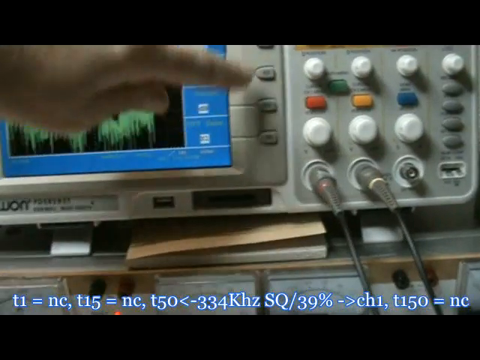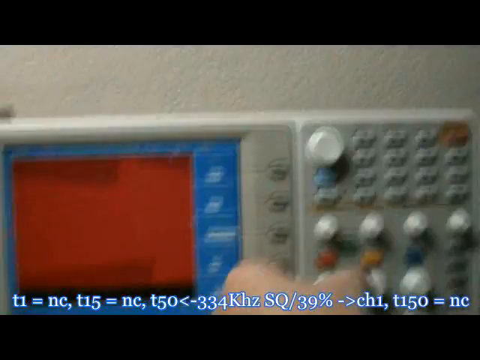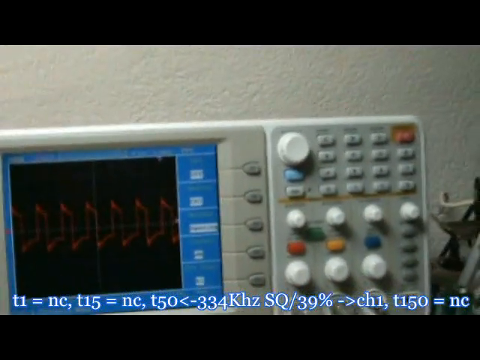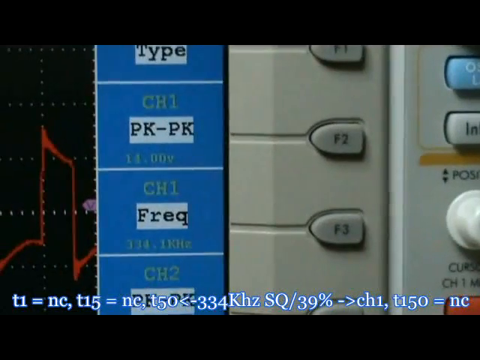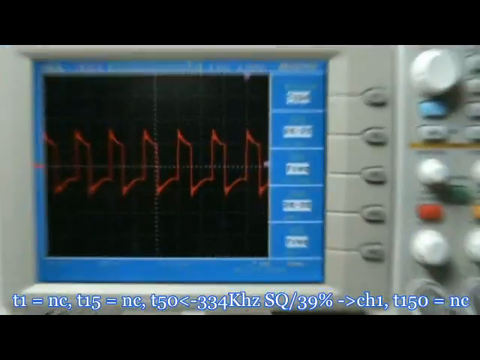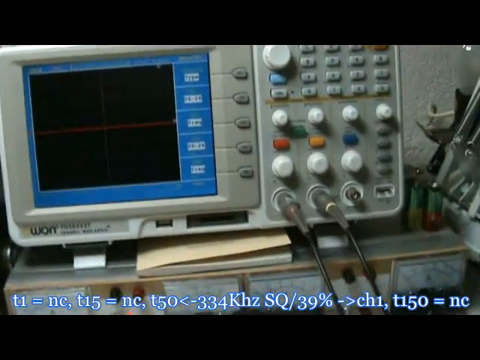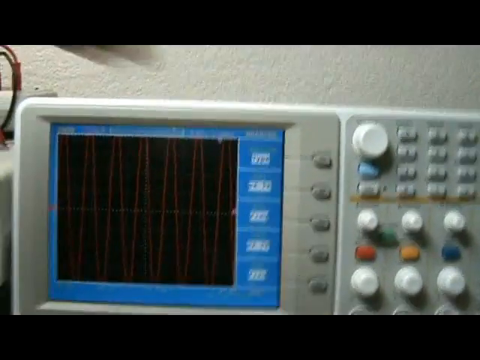Black on black. And then I will switch off the FFT and look what kind of signal I got here. This is my 14 volts, 334 kilohertz square wave, 39%, and I will move my probe now to the bifilar output coil and see what I have there.